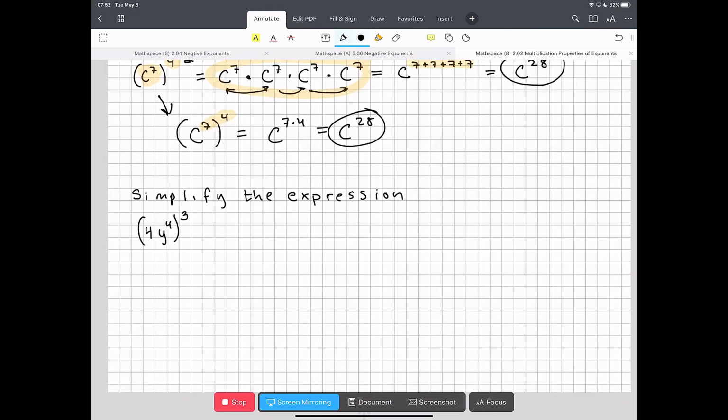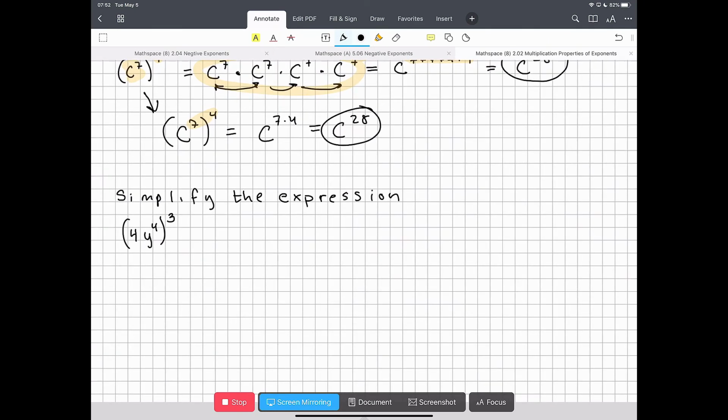The final example is very similar to the one that we've just done. I'm being asked to take what is inside the parentheses and repeatedly multiply it 3 times. So if I was to expand this out, if I just focus on the 4, that would be 4 times 4 times 4. I would do the same thing with the y to the 4th.